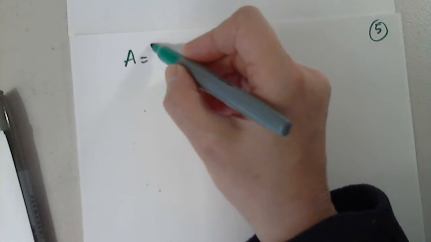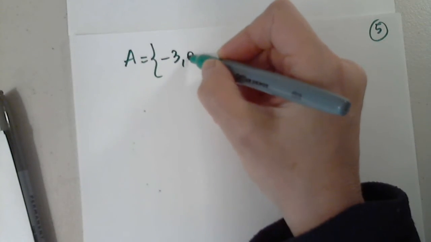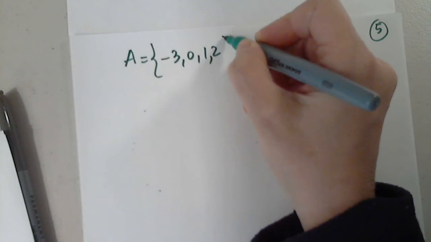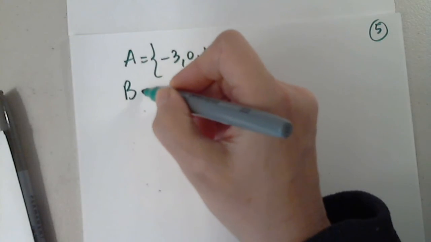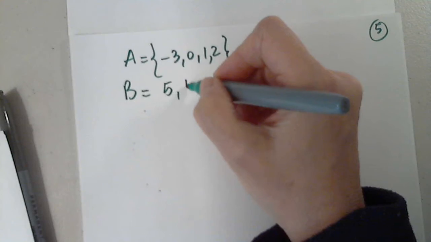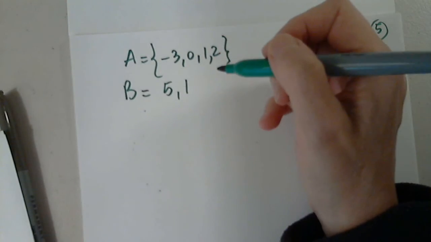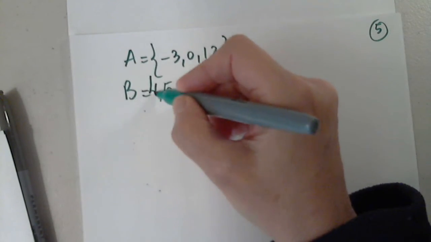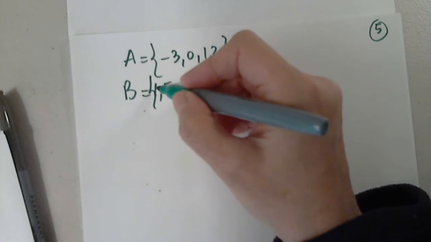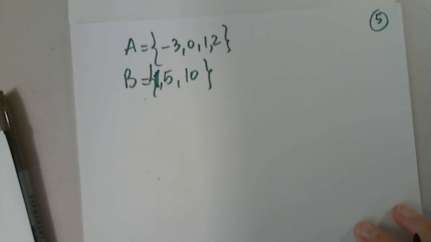I don't see any example with sets, but I think it's important. I'll just show one example. So let's say we have A, -3, 0, 1, and 2. And let's say we have B, 1, 5, and 10.